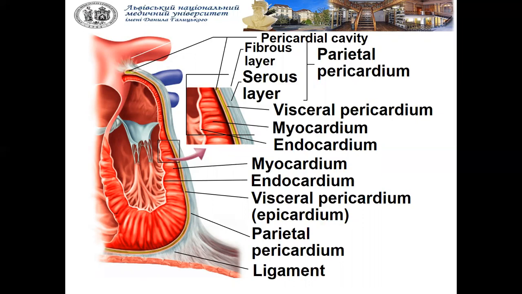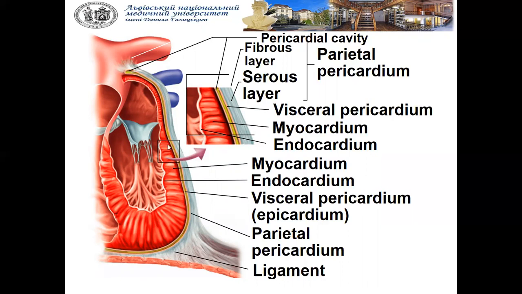And the pericardium has two layers: the parietal layer, which consists of fibrous and serous parts, and the visceral pericardium. Between the parietal and visceral pericardium, we have a space which contains the pericardial serous fluid.